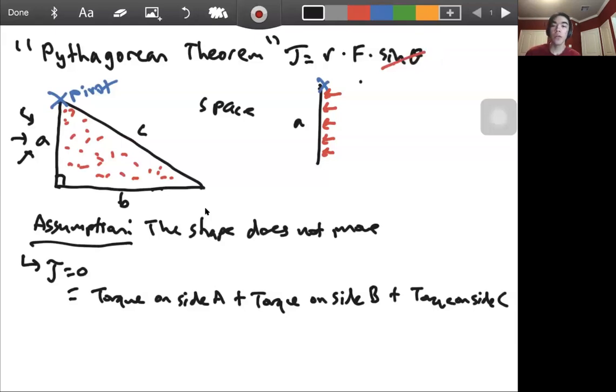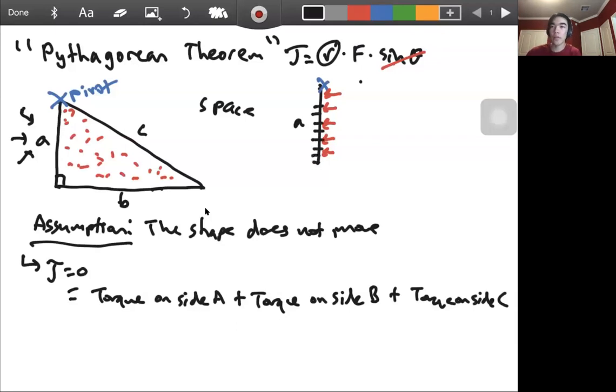So the troublesome part about calculating the torque on side A is that the radius changes. The radius early on is 0, and later on it gets to the full length of A. So it's very hard to directly apply this. And in fact, you can't directly apply this. What we're going to have to do is break this line up into multiple smaller segments.